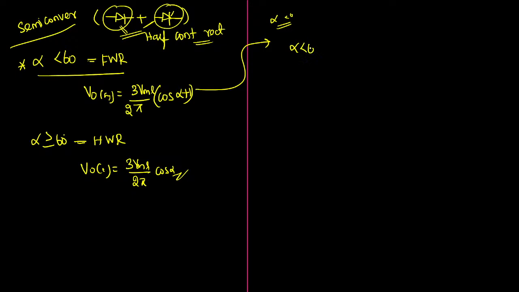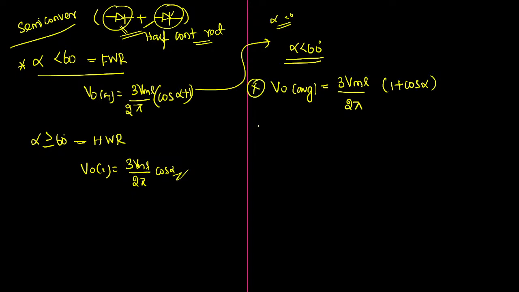When the value of alpha is, sorry guys, it's been a gap, a long time, that's why. So for V naught average, if alpha is less than 60 degree, it will come up with 3 VML by 2 pi into 1 plus cos alpha. Yes, this is the correct one, you can follow it as standard.